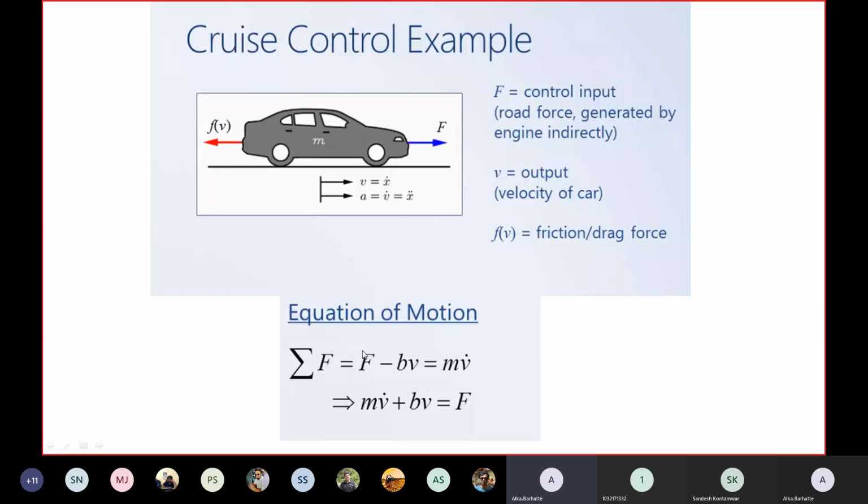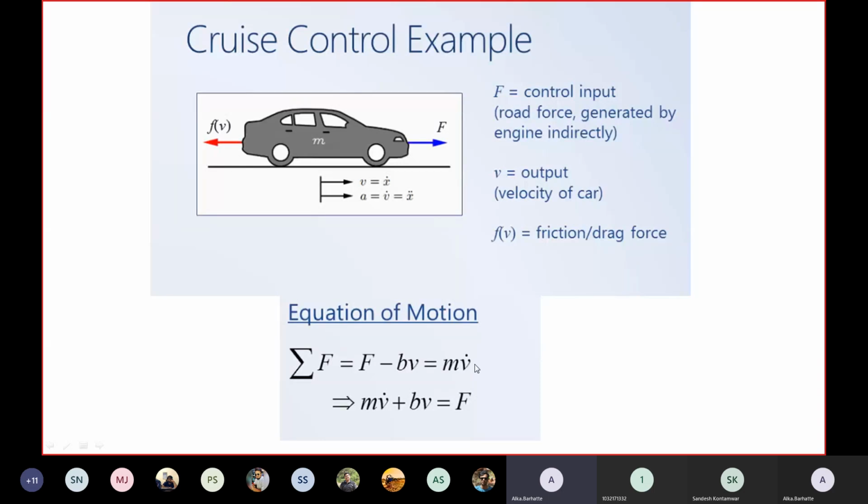Okay, so we are getting this particular equation, whereas this force is nothing but the force which is responsible to move your vehicle, and that can be represented in the form of mass into acceleration, which is represented here as m dv by dt. Okay, so just considering this part of the equation, finally we are interested in the velocity. So output of this particular system is speed and input is the force that has been applied, that is responsible to move your vehicle with that speed.